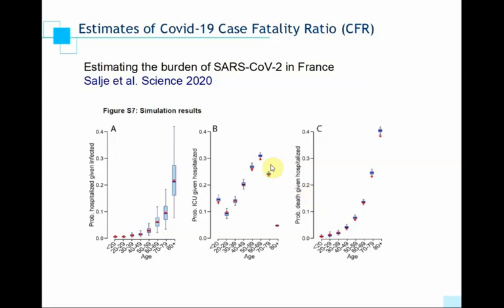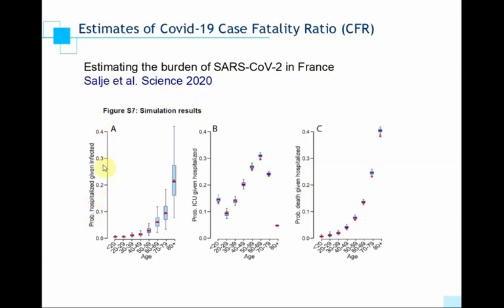So this is a paper published in July from a team of epidemiologists at the Pasteur Institute, and they tried to analyze all the data from France up till about May to figure out how many people really were infected and what the real rate of hospitalization and death was amongst the population depending on the age range. So these are the numbers they got.